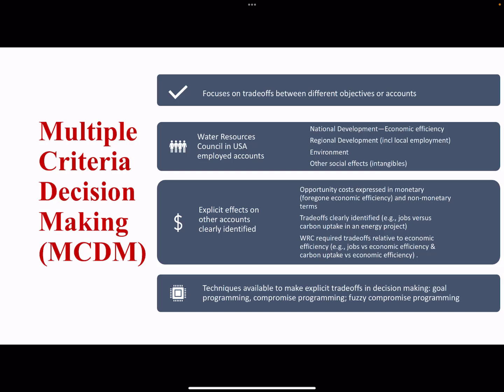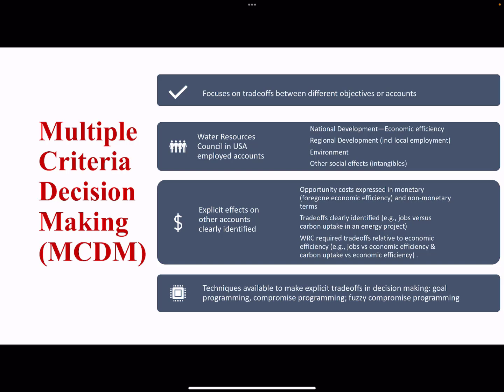Multiple criteria decision making focuses on trade-offs between different objectives or accounts. So the Water Resources Council in the USA employed an accounts analysis. All right, they had basically four accounts: national development, which was their economic efficiency account; regional development, which included local employment, for example; the environment; and other social effects, these kind of intangibles, if you like.